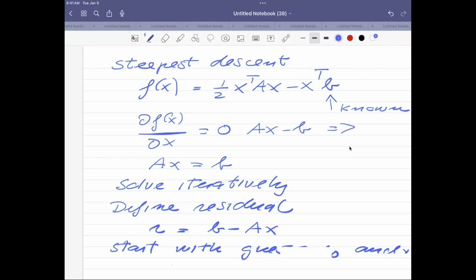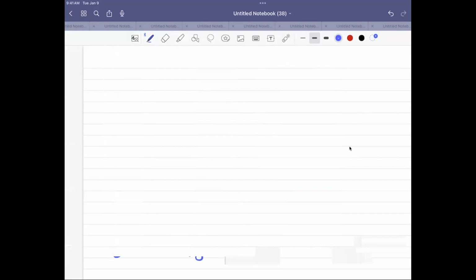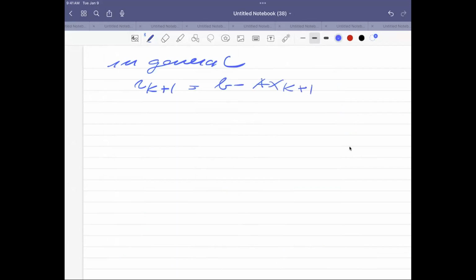So in general, what you have is something like R(k+1) equal to B minus A times x(k+1). So you're iterating now. And for every iteration, the hope is that R is getting closer and closer to 0.